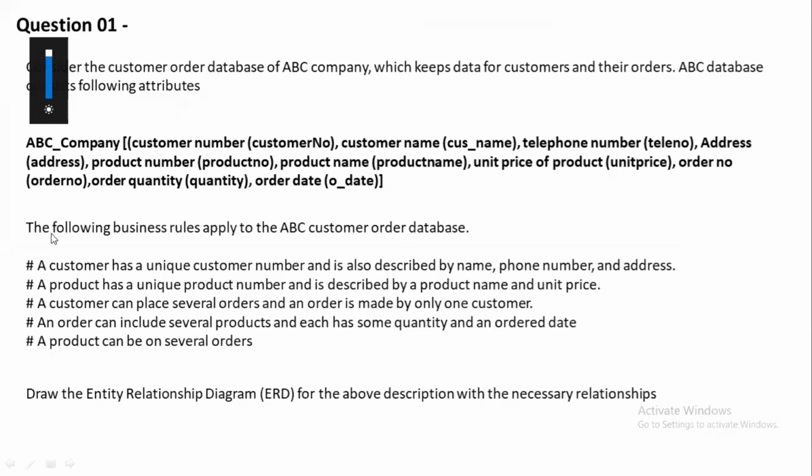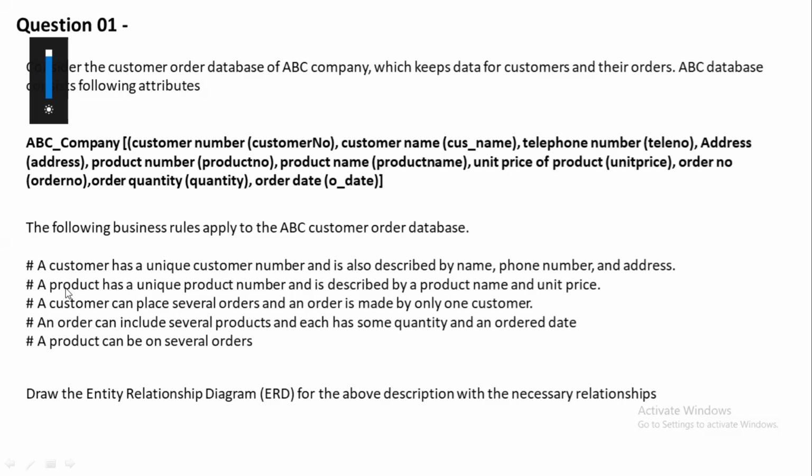In the first rule, they say a customer has a unique customer number and is also described by the name, phone number, and address. So according to that, you can identify customer as an entity in this scenario. Another is a product has a unique product number and is described by the product name and unit price. According to the second line, you can get an idea.